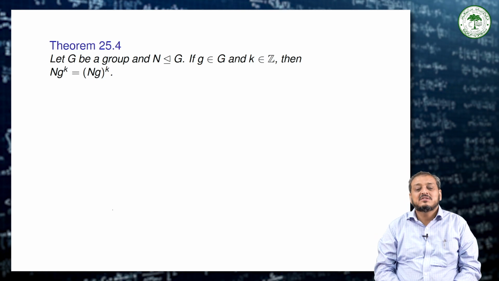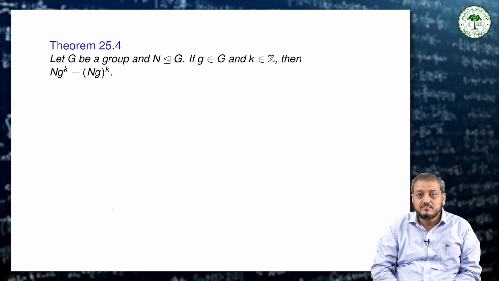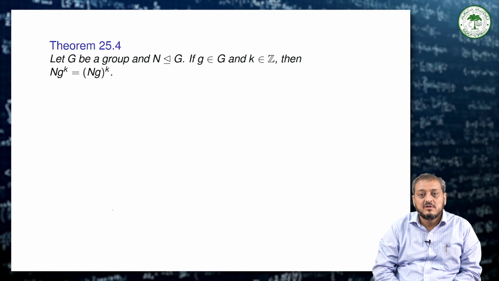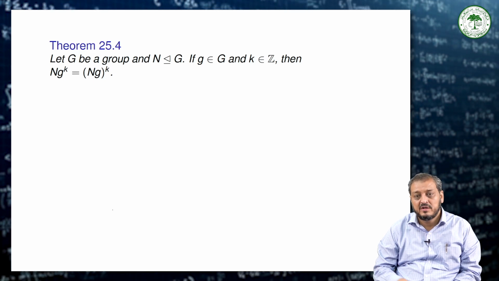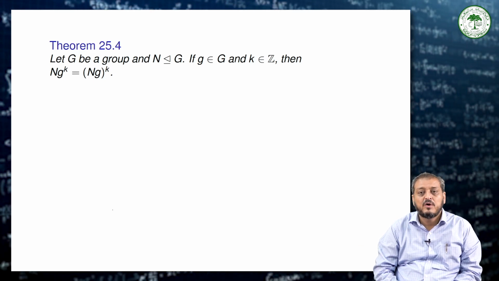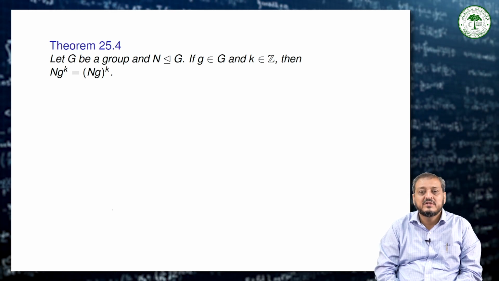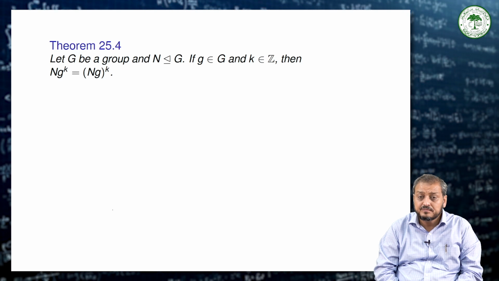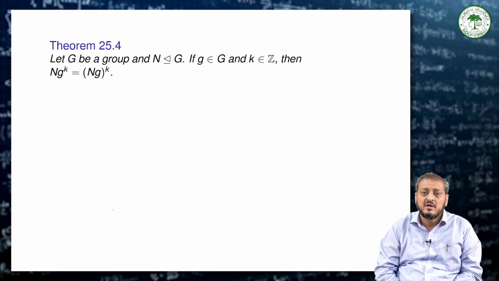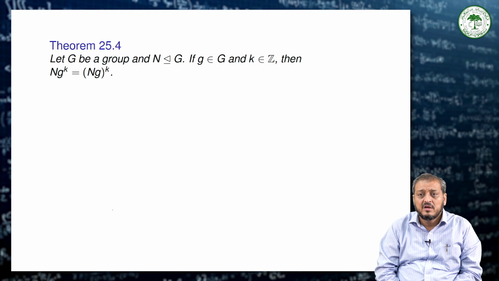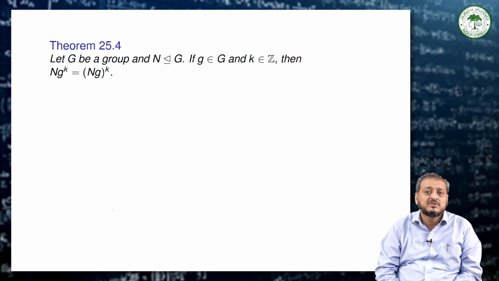In the last class, we discussed some examples of quotient groups and how to find a quotient group. In the end, I proved one result: if G is a group and N is a normal subgroup of G, and G is abelian, then the quotient group G/N is abelian.